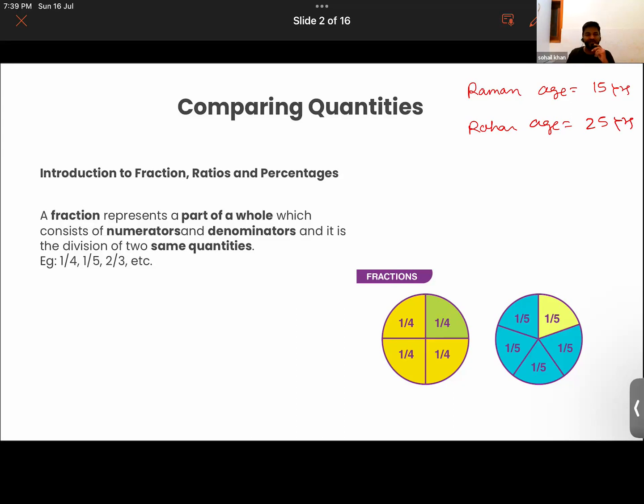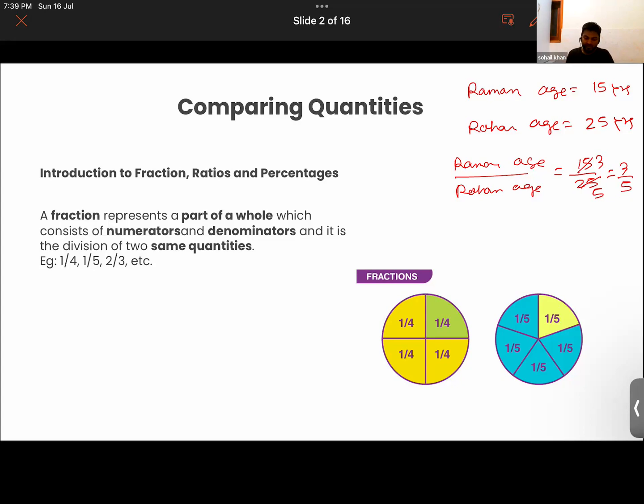We can compare it in the form of an expression by simply dividing Raman's age and Rohan's age. So you get 15 upon 25. You simplify the fraction, you get how much? 3 upon 5. So we say that Raman's age and Rohan's age are in the ratio of 3 and 5. It is read as 3:5. All right.